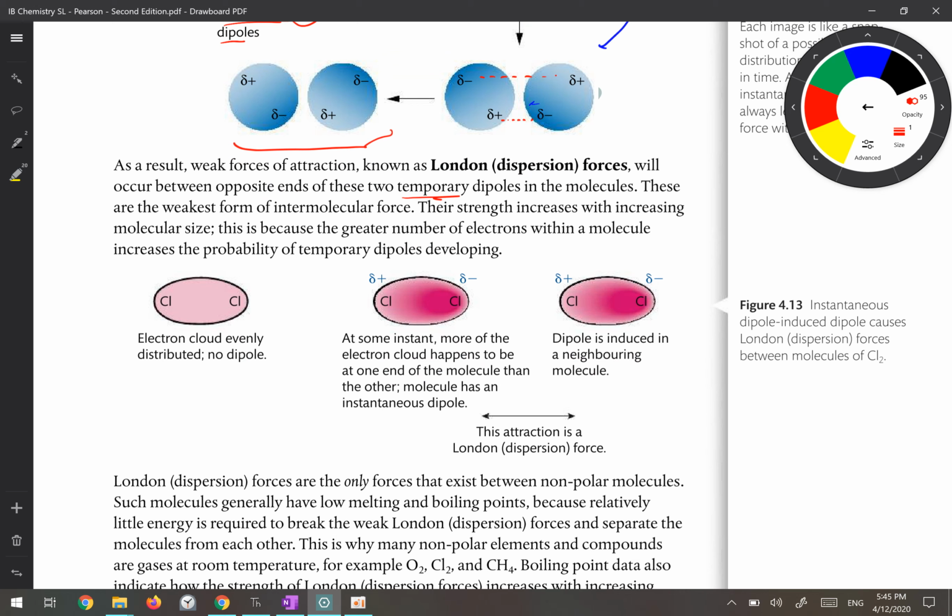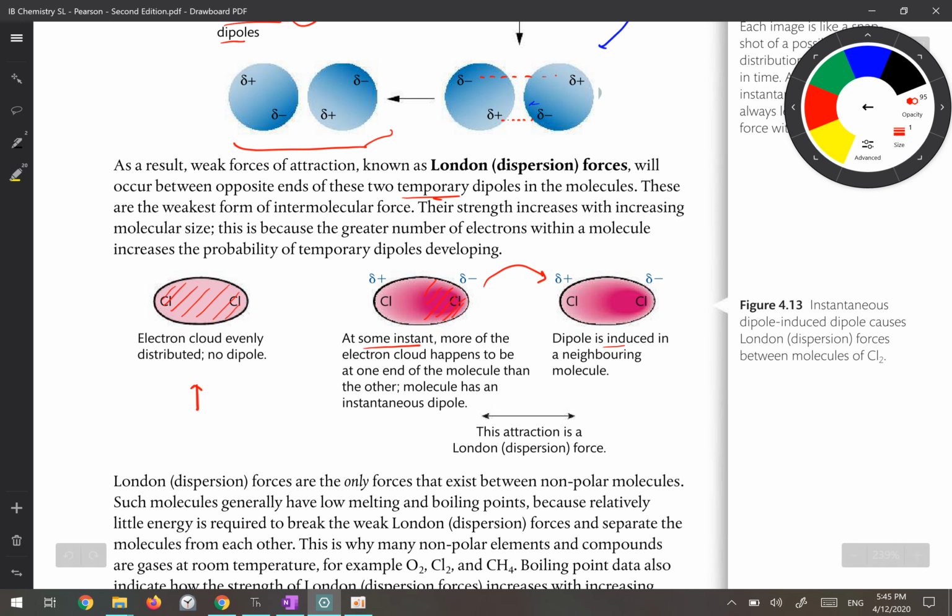This is the normal distribution of the electron cloud for chlorine. The electron cloud is evenly distributed over the whole chlorine molecule, but for some instant, the number of electrons on one side of the molecule becomes more than the other side. This side becomes partially negative, the other side becomes partially positive, and this induces a dipole on the other one.